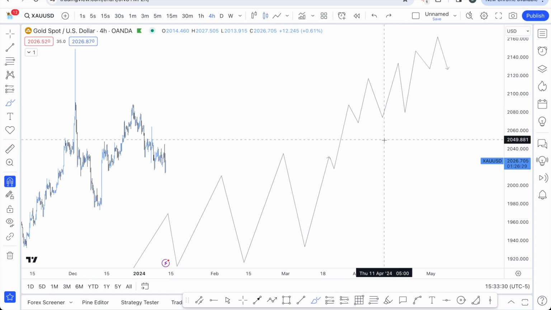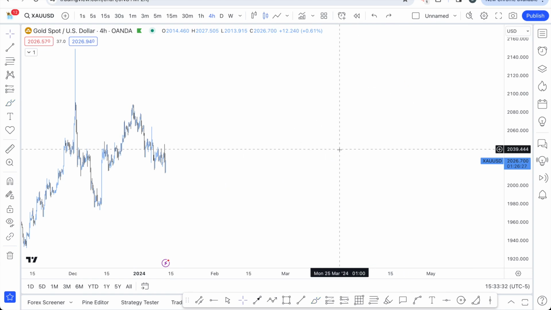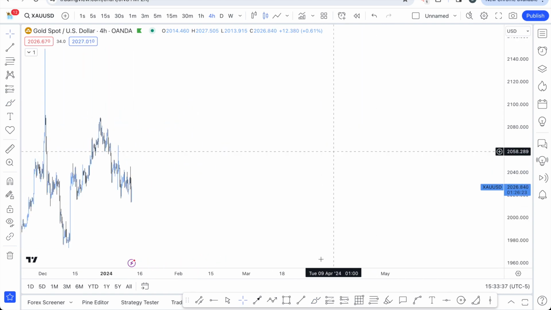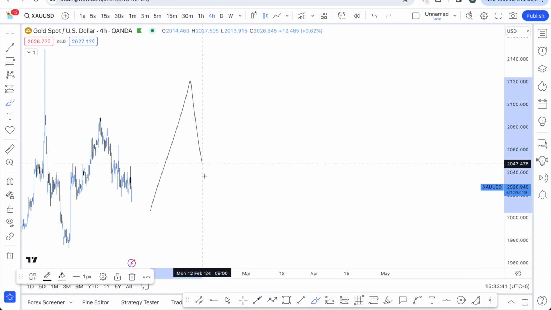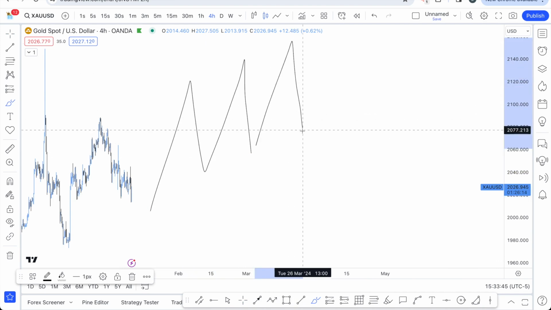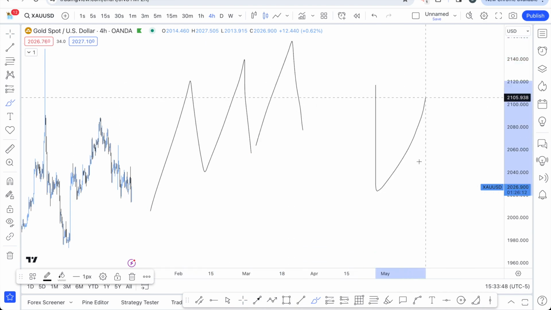So in this video, I'm going to show you how to catch moves simply by understanding supply and demand, and you don't necessarily have to wait for price to fully mitigate a high and a low. Same thing from the bearish perspective.